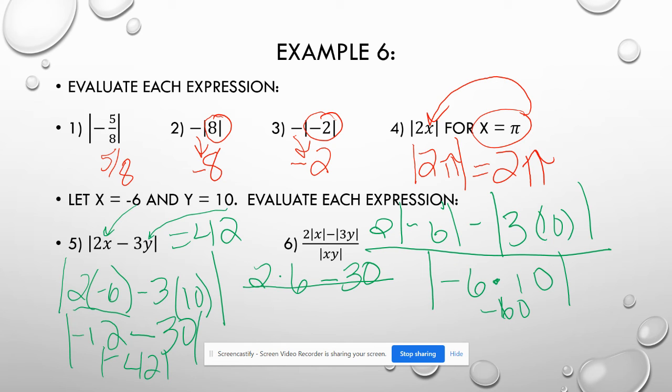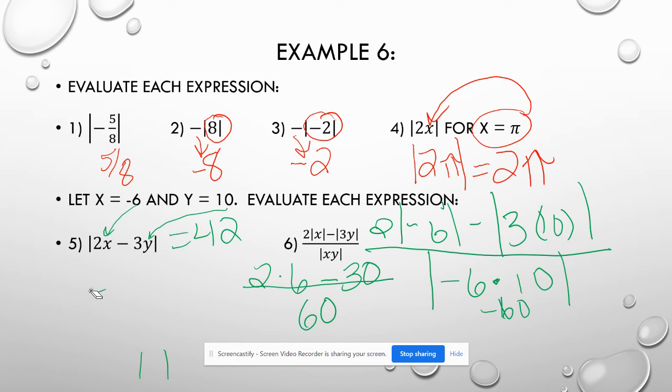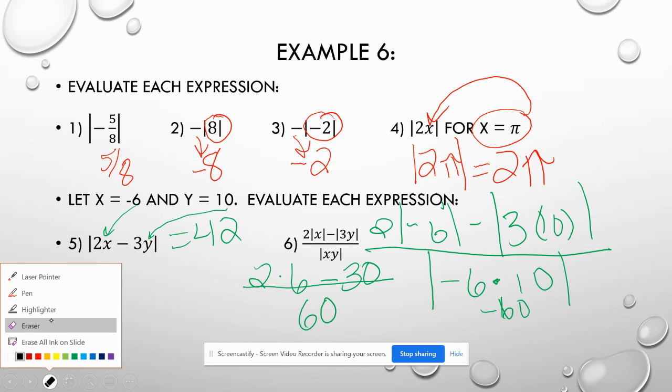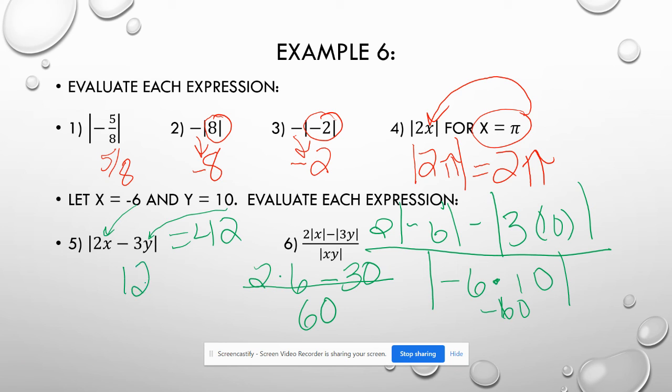And the absolute value of -60 is +60. Two times -6 on the top is 12. So we have 12 minus 30 over 60. 12 minus 30 is -18. So we have -18 over 60.